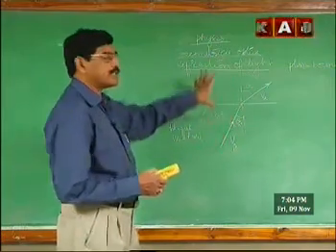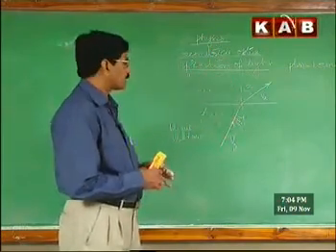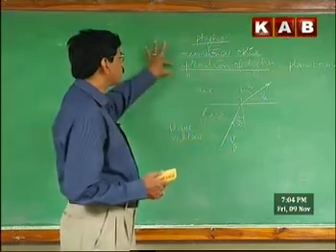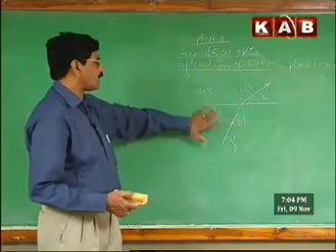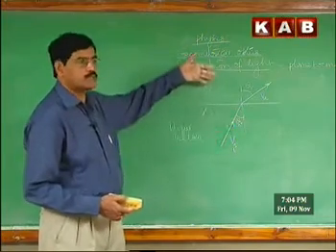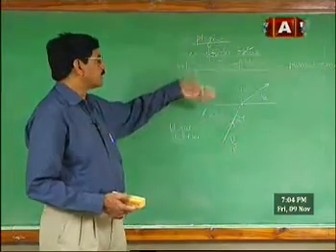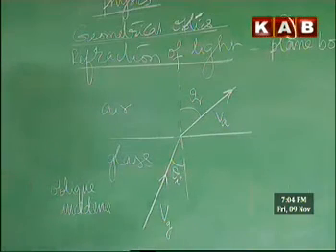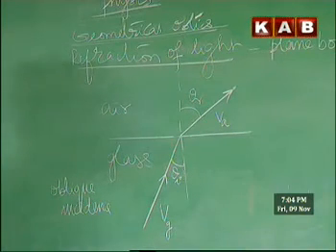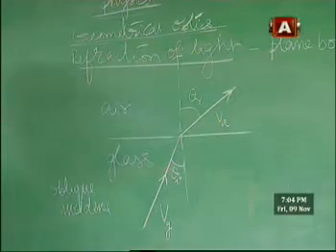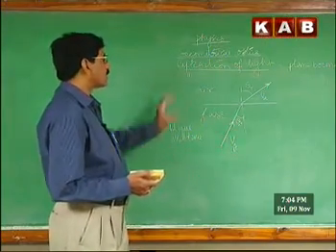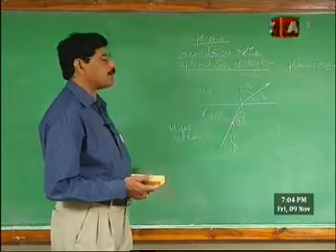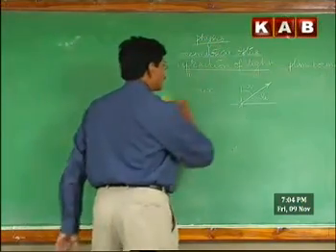So here also it is said to be undergoing refraction. So how do we define refraction of light? Whenever a light ray travels from one transparent medium to another transparent medium, the change in velocity may be in direction alone, or in magnitude alone, or both in direction and magnitude. That phenomenon we call refraction of light.